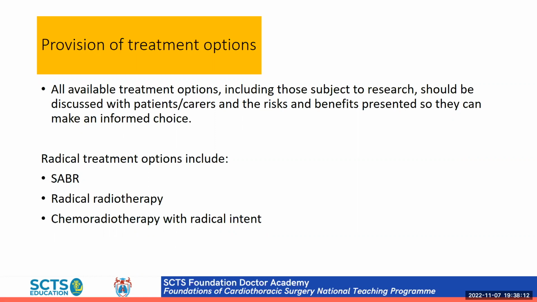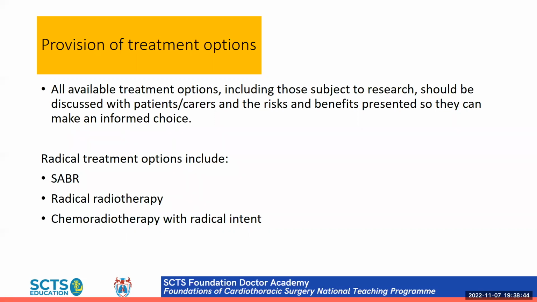Obviously, all the patients need to be aware of all the options, but these patients, you should tell them that SABR might carry a reasonable role in their treatment. It might be good, especially if the tumors are small in size, and from a mortality perspective, it might have less mortality to them and might cause less comorbidities to them compared to surgery if they have very poor lung function, or if they have, for example, severe heart failure or LV dysfunction or something like that.